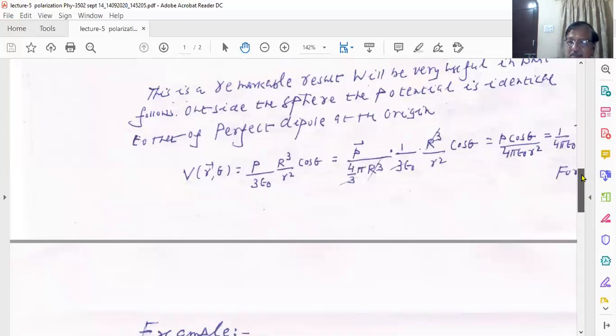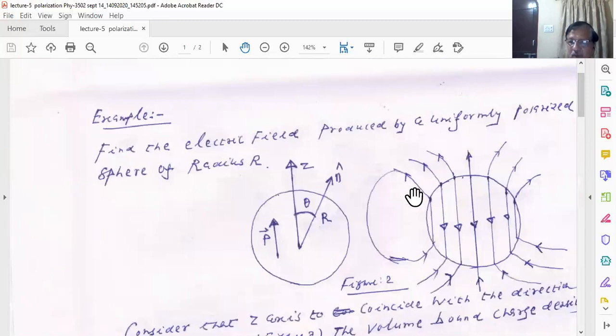So you can imagine that if you want to find the electric field outside the sphere, there is a dipole kept along the z-axis, whose dipole moment is in the direction along the z-axis, and the center of the dipole coincides with the origin of the coordinate system. So one can see that the field outside the sphere will be like the field of an electric dipole.